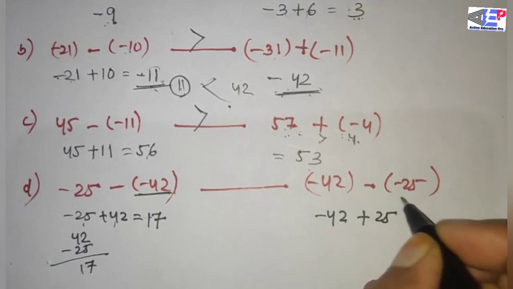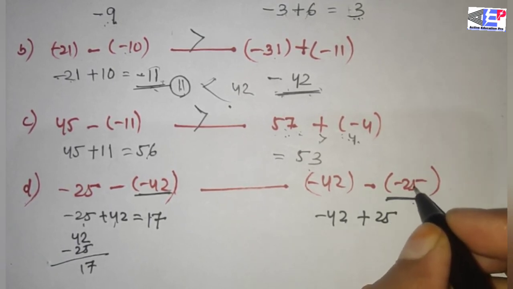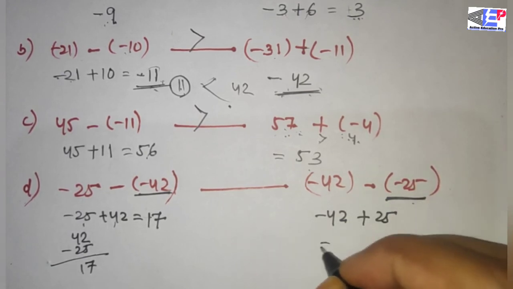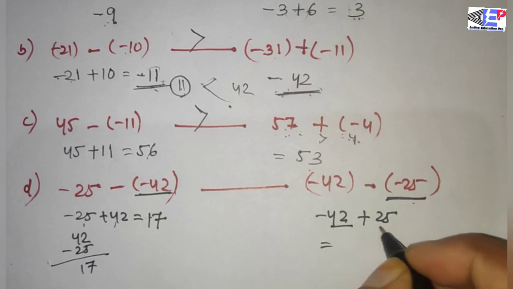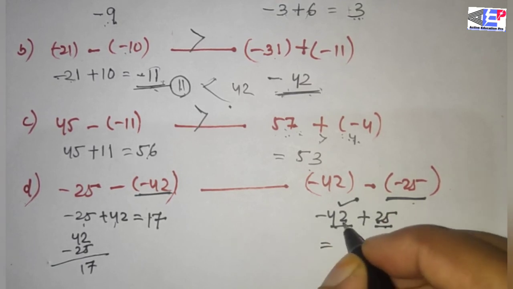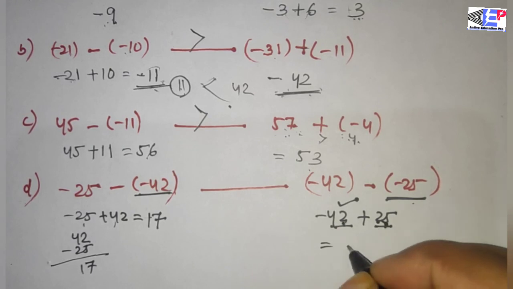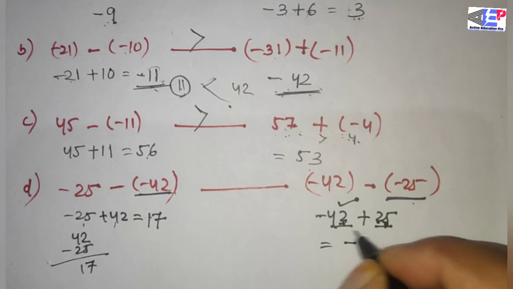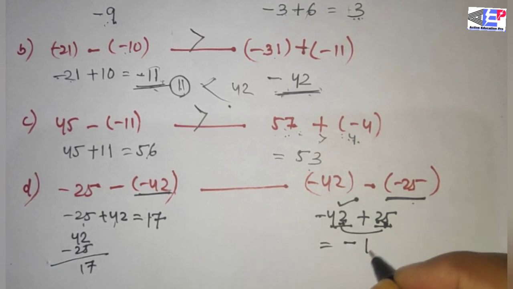According to the sign rule, the sign of minus 25, which is to be subtracted from minus 42, is changed, hence minus 42 plus 25. And look here, this is 42 and this is 25, one a negative integer and one positive, and the numerical value 42 is greater than 25, so take the sign of the higher numerical value, minus, and then the difference between 42 and 25 is 17.